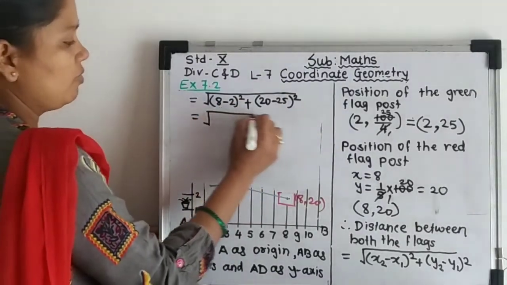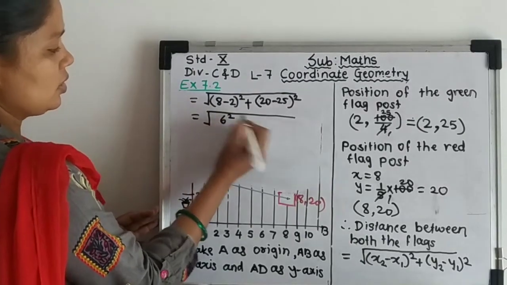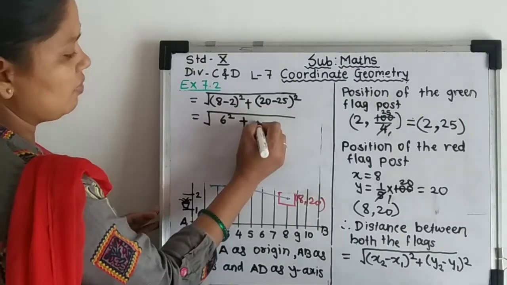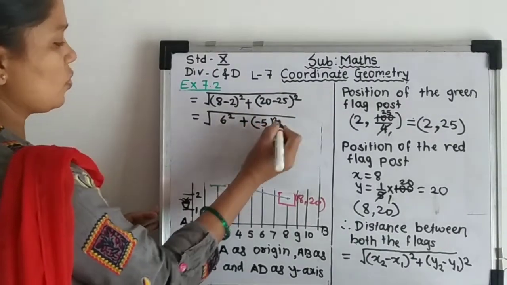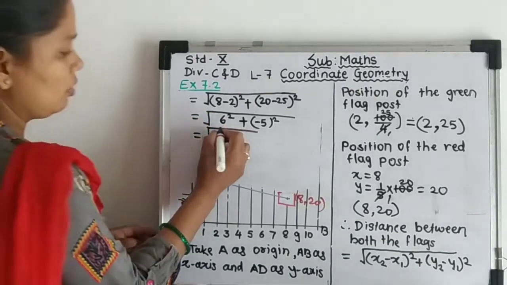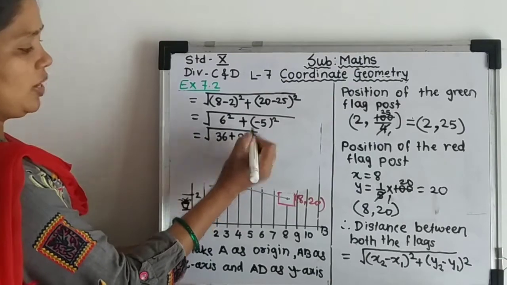So we will have here that 8 minus 2 is 6. 6 square plus 20 minus 25 is minus 5 square. So 6 square is 36 plus 5 square is 25.